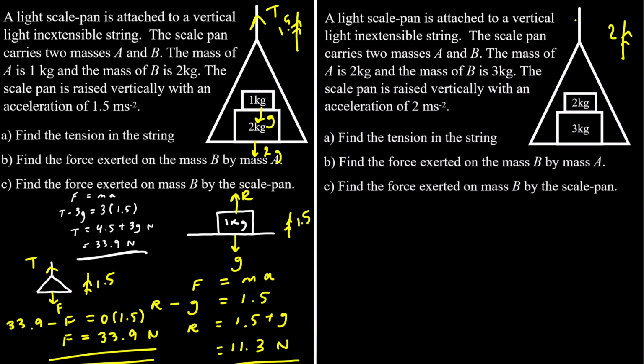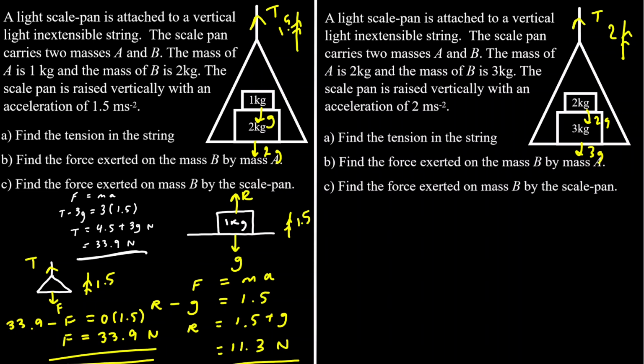So the acceleration is 2, and if we're looking at the whole system, it's just the weights and the tension. We don't need the equal and opposite reactions the masses will have on each other because they are equal and opposite. They cancel each other out.